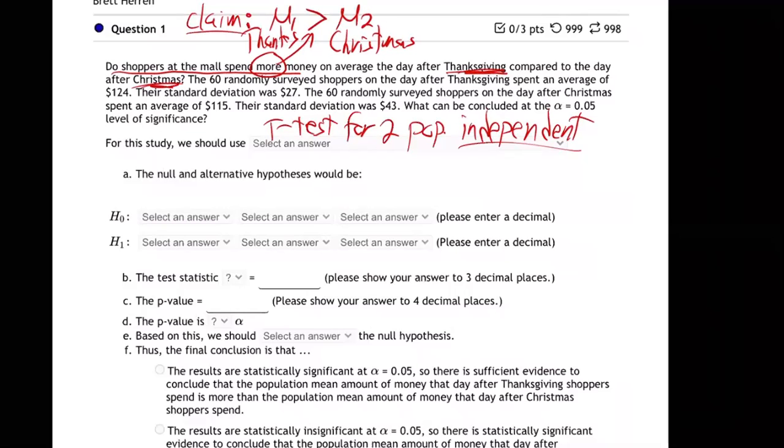So what's the H0? It's going to be mu1 and mu2. Wait a minute, is that how they want us to write it? I think they want mu1 minus mu2, don't they? Isn't that what they do on this one? So I think we need to go with that.